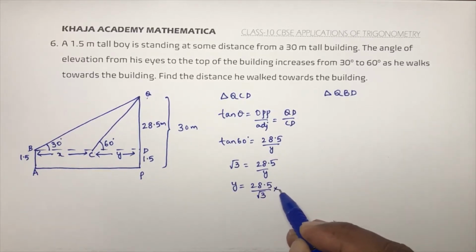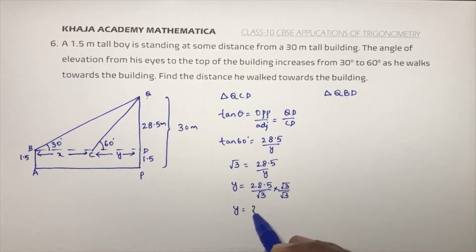If we rationalize the denominator, Y equals 28.5 root 3 by 3. So if you cancel, 3 times 9 is 27, 3 times 5 is 15. So 9.5 root 3 meters.